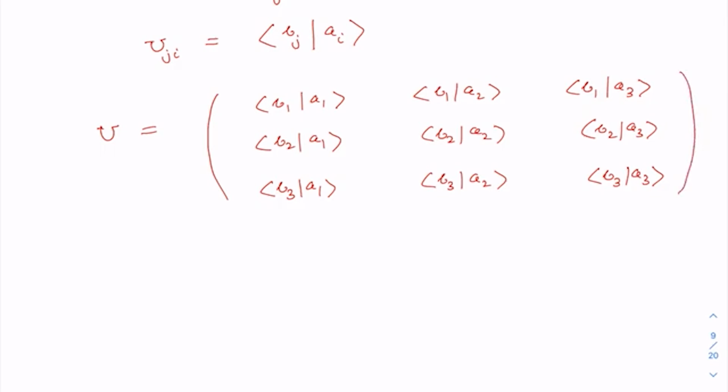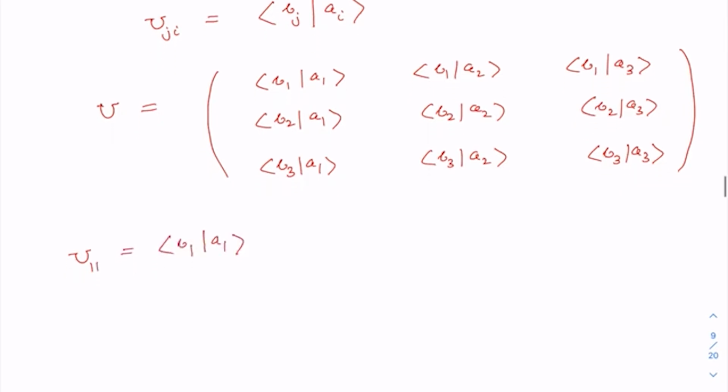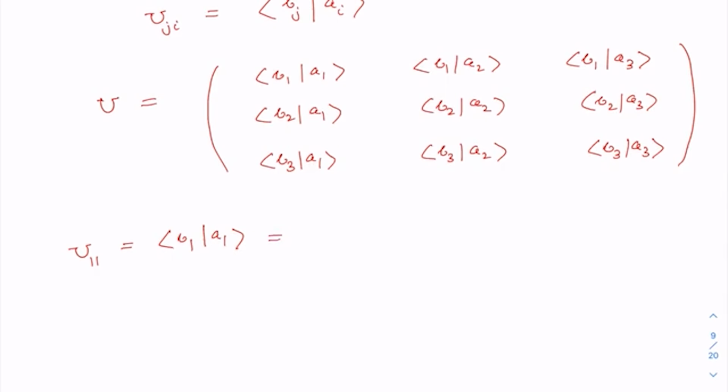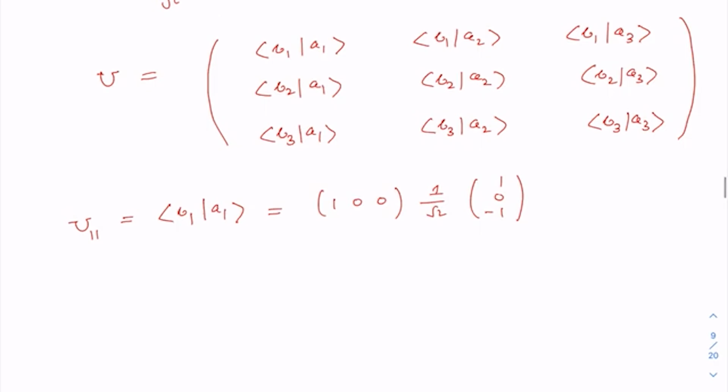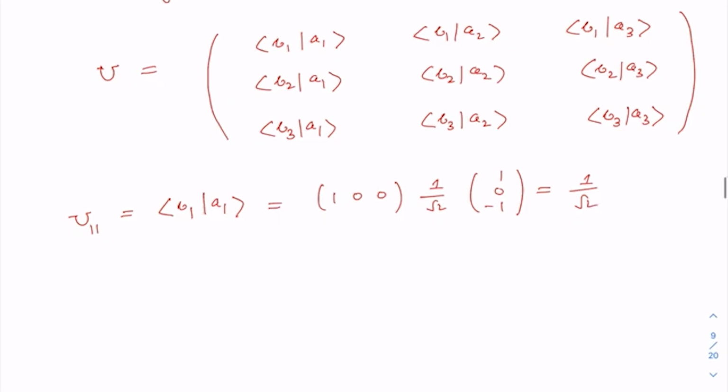So you have to find out all the elements. So let me write u11 is equal to b1 a1. So b1, this is the row vector 1 0 0, a1 is 1 by root 2 (1, 0, minus 1). If you do the maths, you see that you are going to get 1 by root 2.